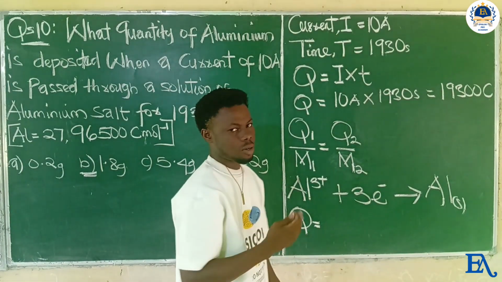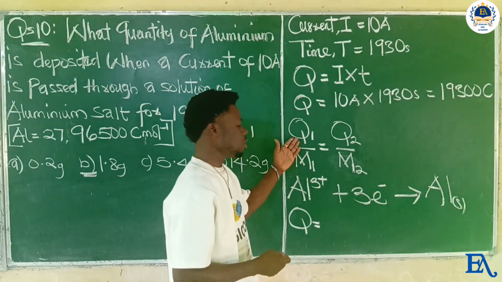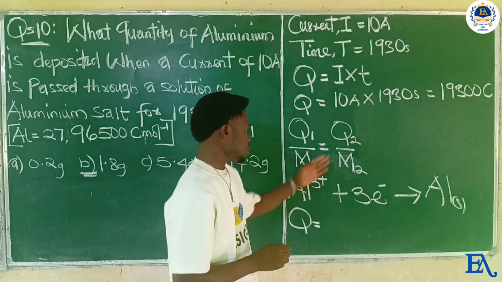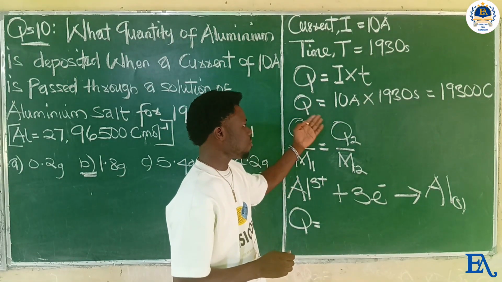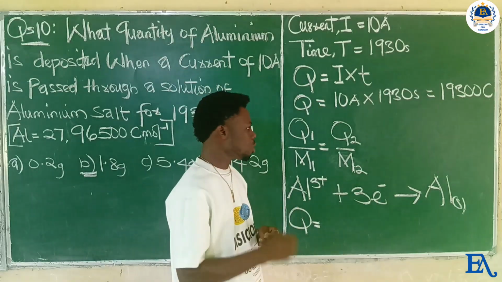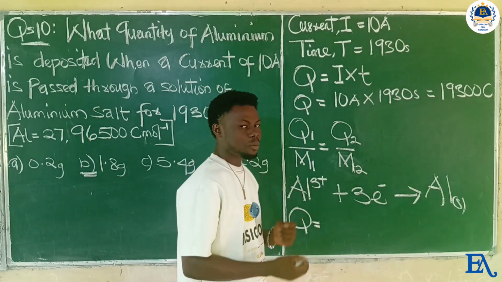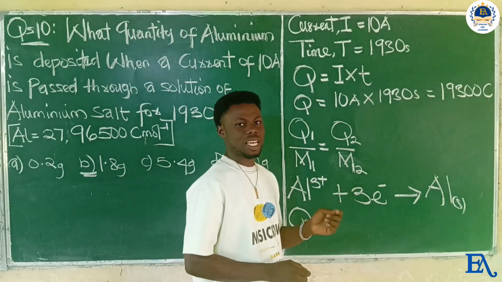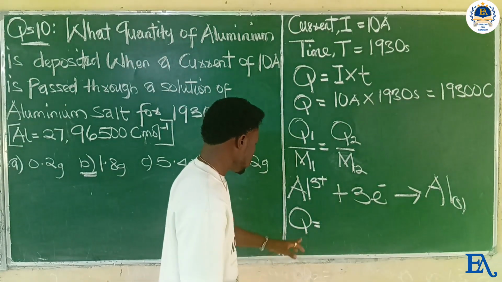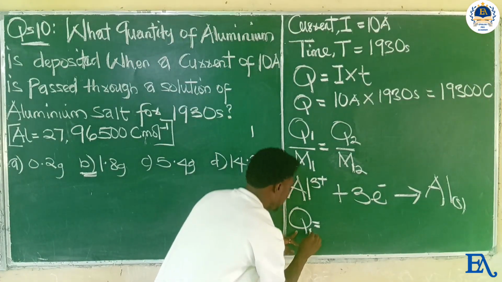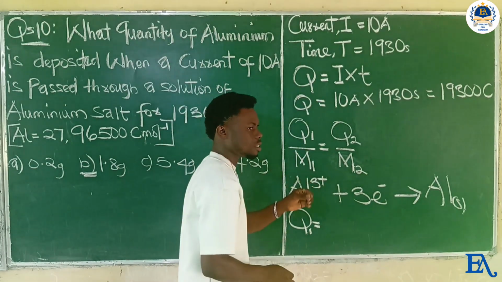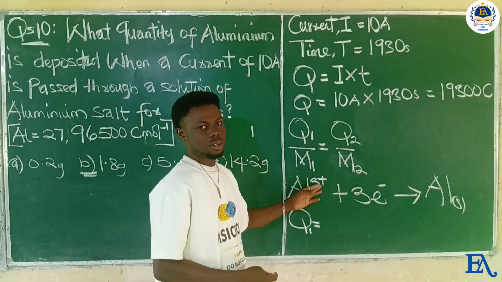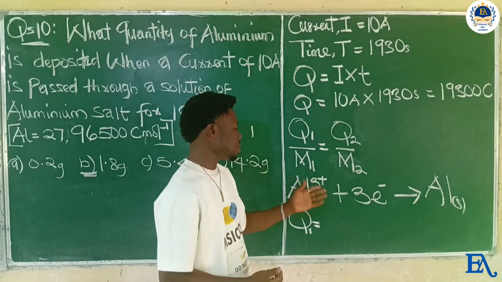Take note of these parameters. Q1 is the quantity of electricity from the ionic equation, whereas Q2 is the quantity of electricity from the question. M1 is the atomic mass of the element present, whereas M2 is the expected mass of the element from the question. So Q1 is the quantity of electricity from the ionic equation, and from the ionic equation, aluminium is +3, using the electrolysis of acidified water, graphite or platinum electrode.